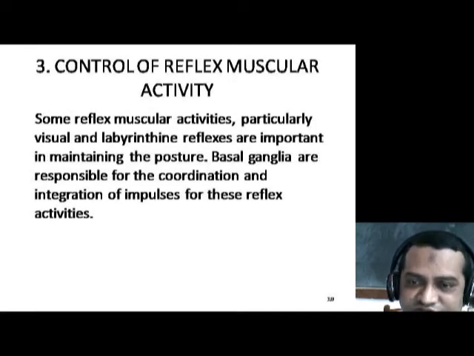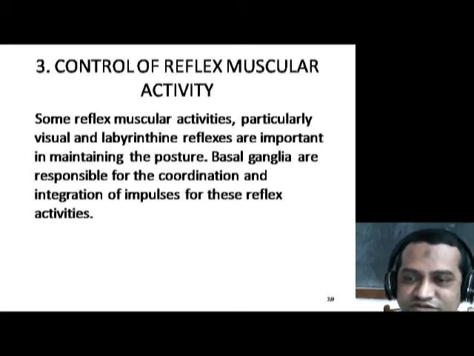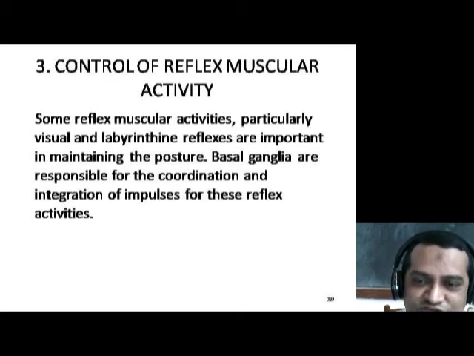Then the next function of basal ganglia is control of reflex muscular activity. Some reflex muscular activities, particularly visual and labyrinthine reflexes, are important in maintaining the posture and equilibrium. Basal ganglia are responsible for the coordination and integration of impulses for these reflex activities.